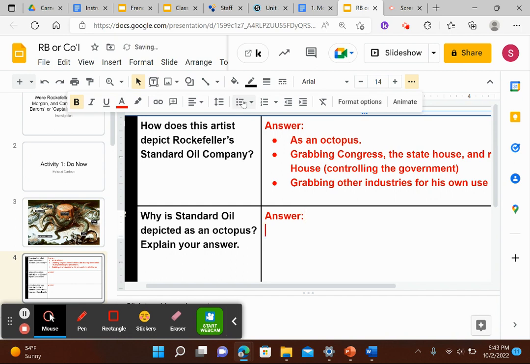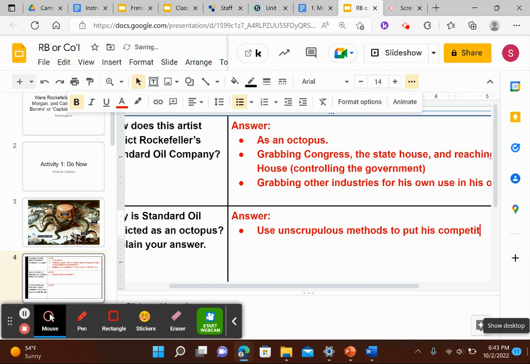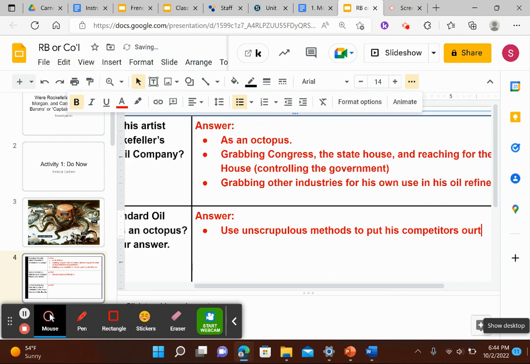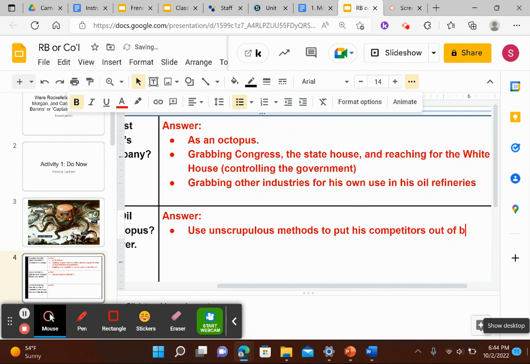I'll start off by doing it like this now. So this idea was that he was using unscrupulous or maybe immoral methods to put his competitors out of business.